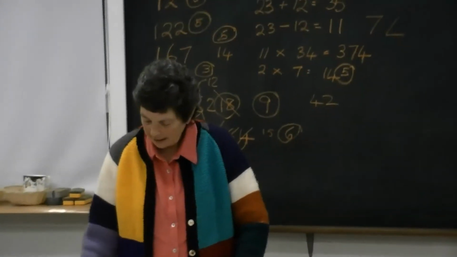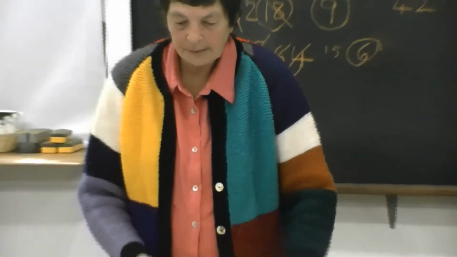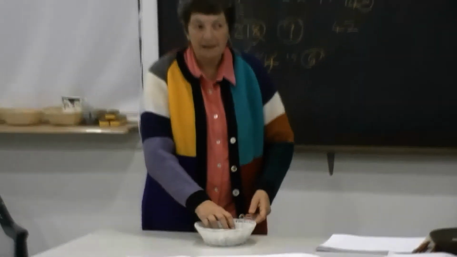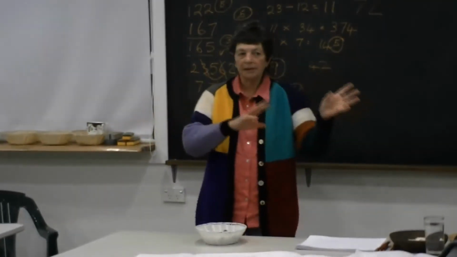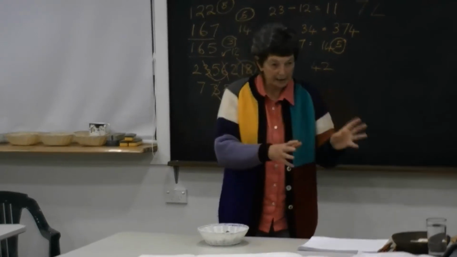Okay, so did we look at, for example, if we have 8 times 7, 7 times 8, I've got 2 ways to go. I can look at 7 groups of 8.